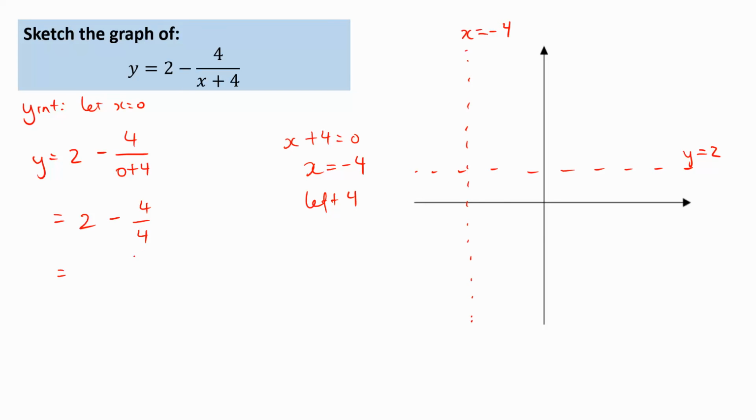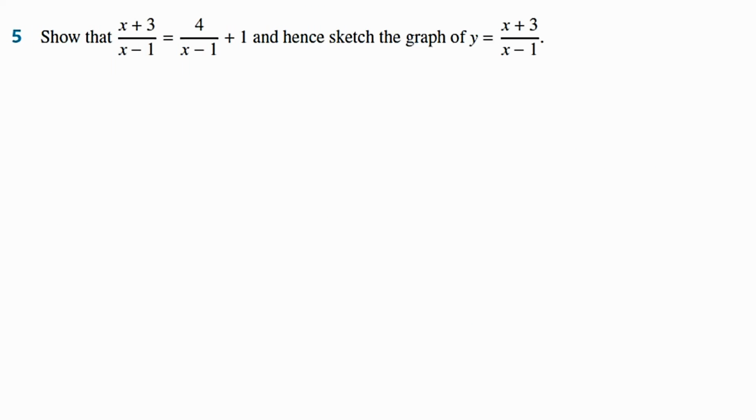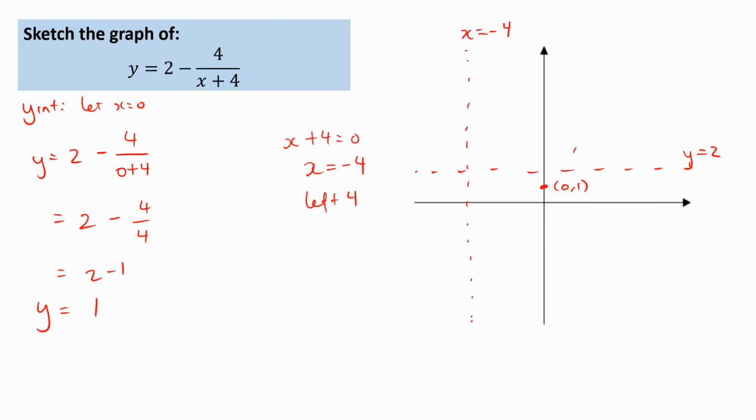What's 4 over 4? 1. 2 minus 1 is 1. So that tells me the y-intercept is at 1. So I'm going to write (0, 1). Thank you for correcting me. (0, 1). Okay.